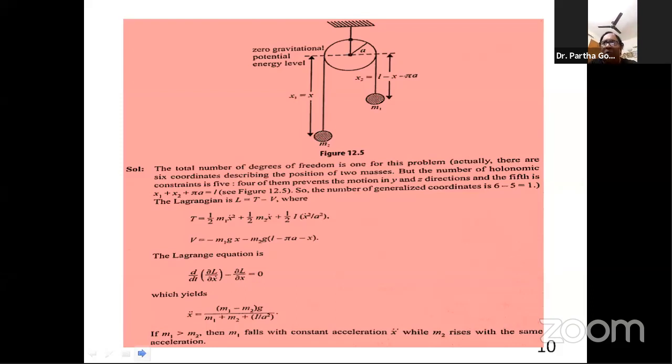We know how to attack the problem through that method. Here the method to be adopted is different. The method is the Lagrangian approach.